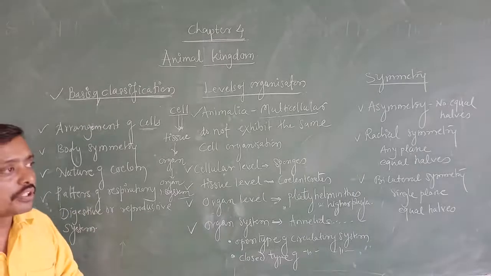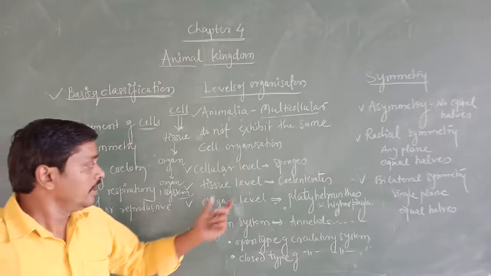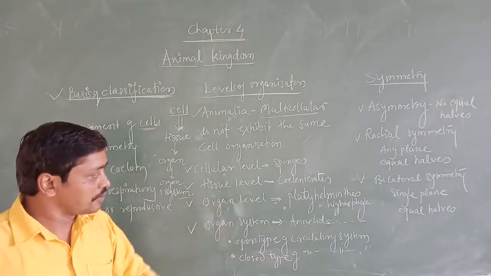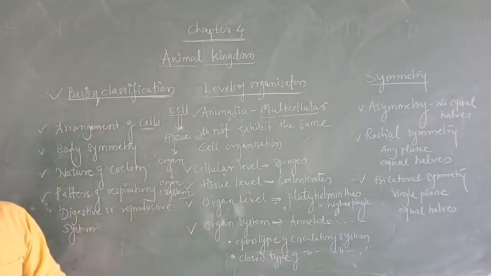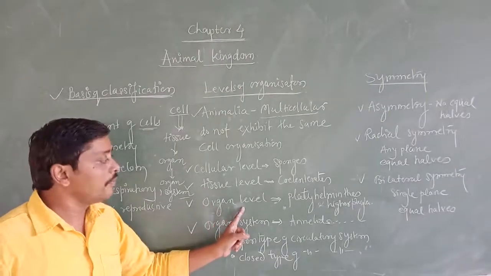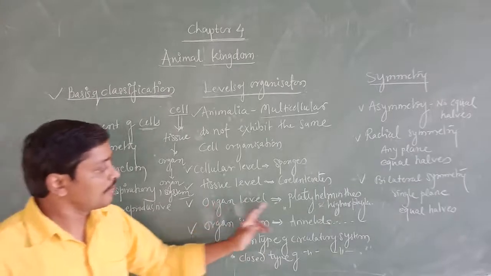Then we go for the Mollusca, Echinodermata, etc. We go for the higher phyla. After the Coelenterate, in the higher phyla that come next, we find the organ level of organization. What are the examples?